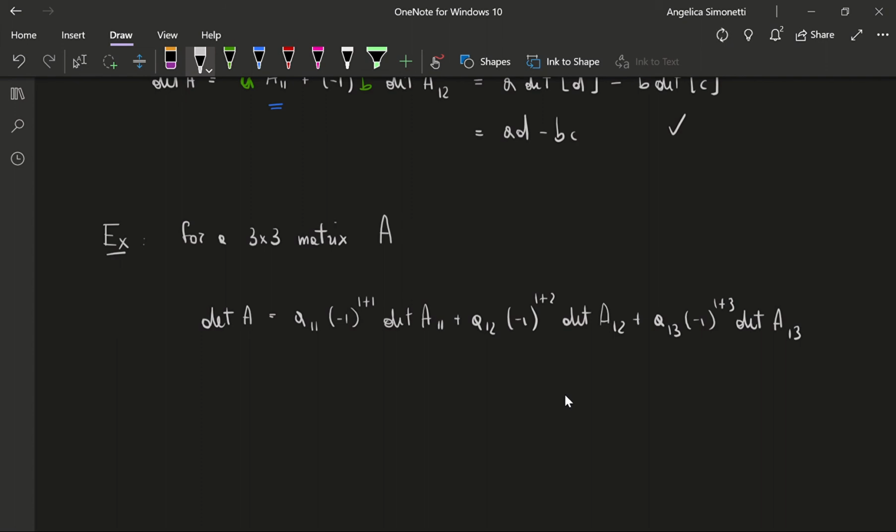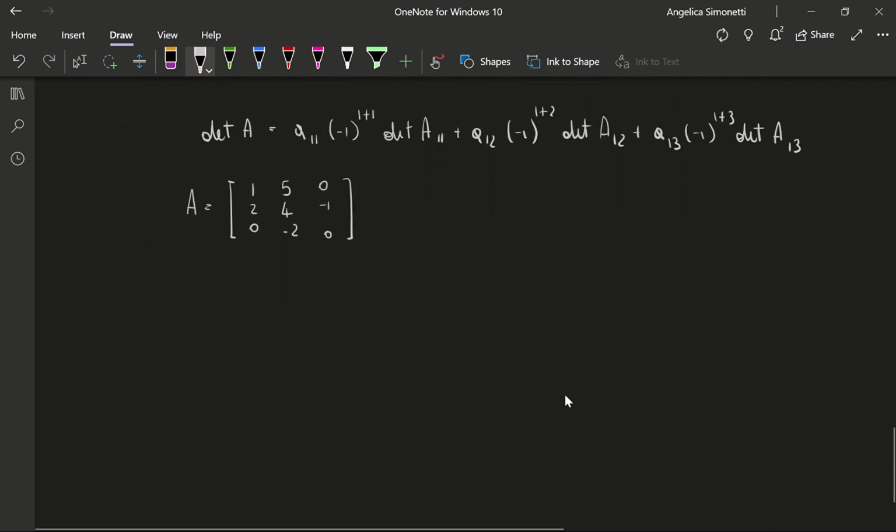Okay, so if we have now a real matrix, let's say 1, 2, 0, 5, 4, minus 2, 0, minus 1, 0, then let's compute this determinant. So finally a real example. What do we need to do?